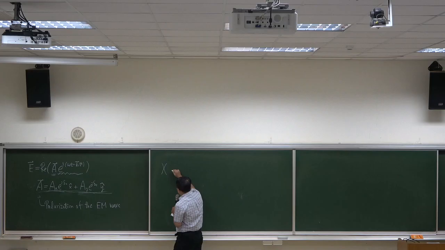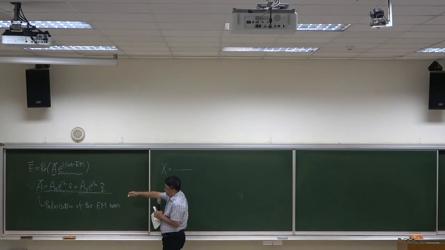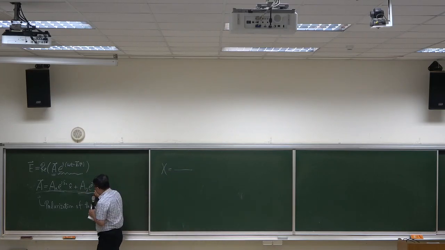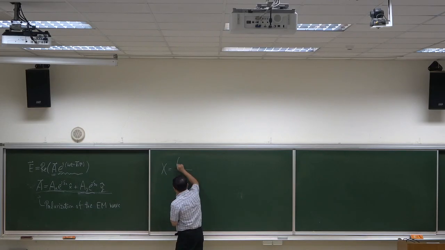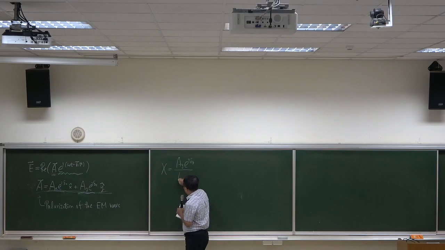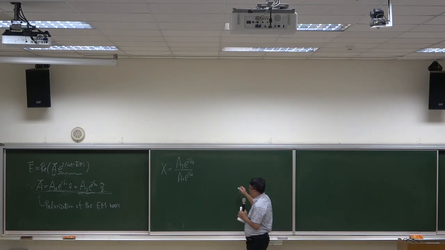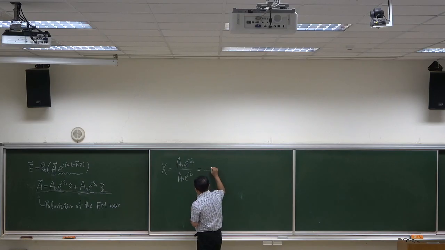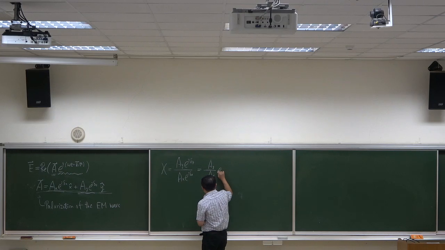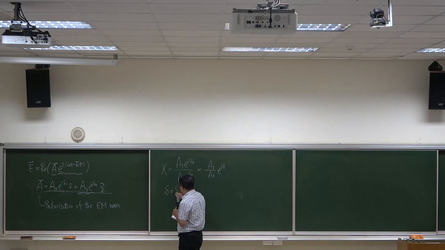The chi is defined as the y component of the A vector divided by the x component of the A vector. This can be written as A_y over A_x times exponential i delta, where delta is equal to delta_y minus delta_x.